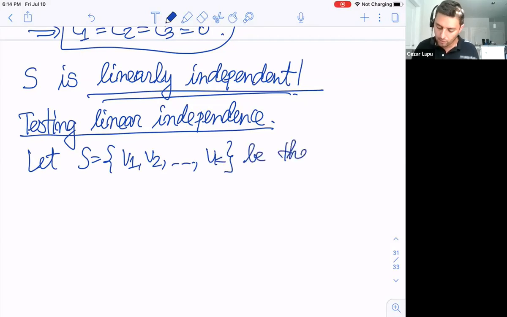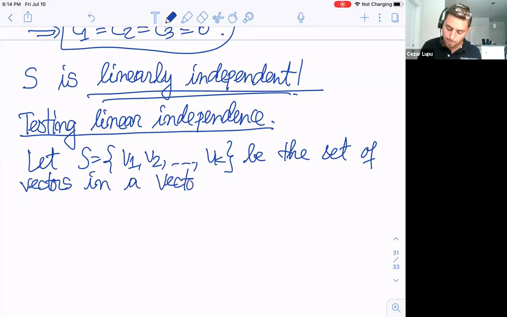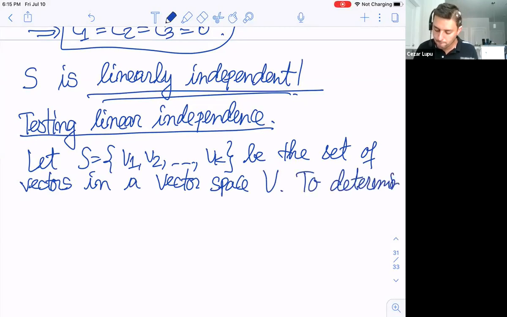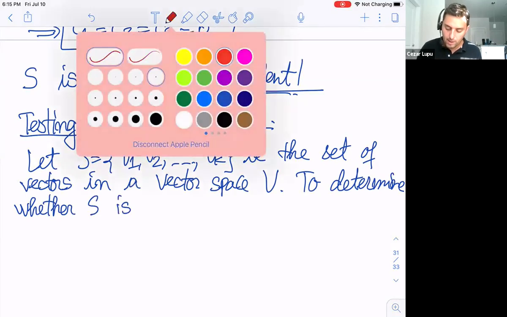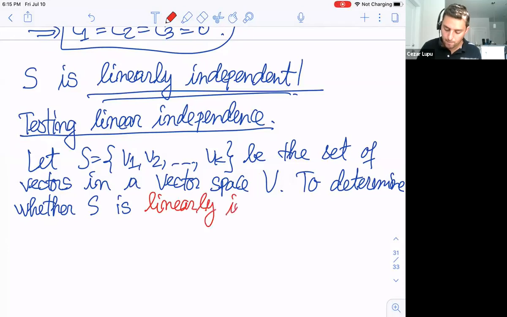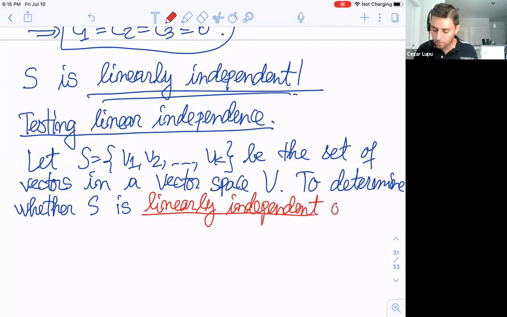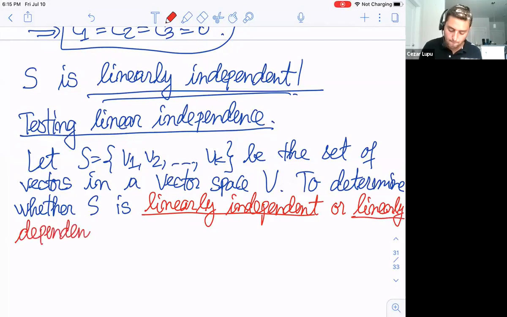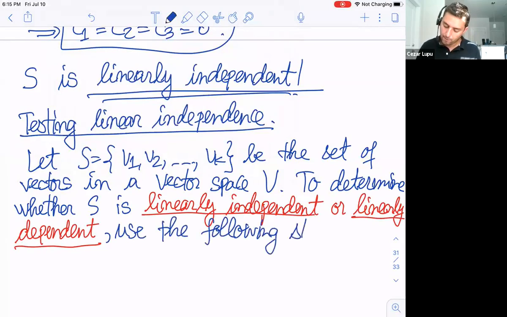So this is the set of vectors in a vector space V. To determine whether S is linearly independent or linearly dependent, use the following steps.